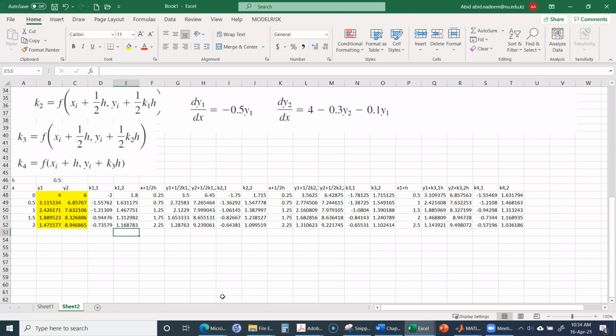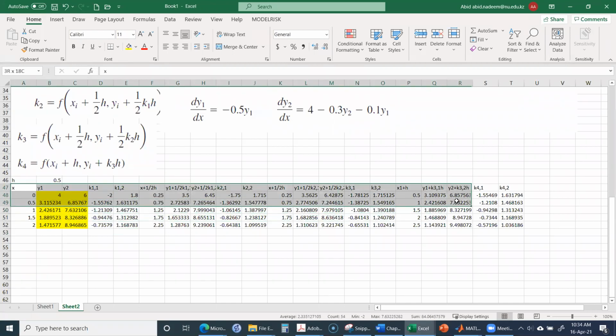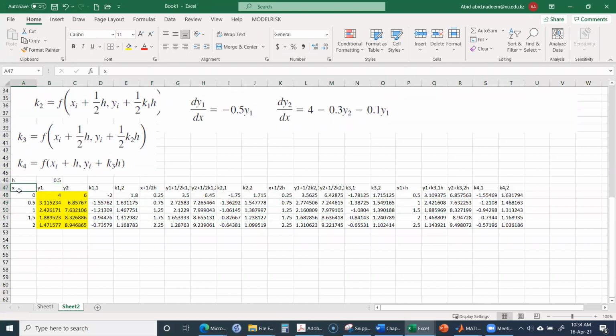Anyway, the solution by hand, of course, will be very time consuming. For example, in this case, if this type of question is given in the exam, maybe only the first step can be asked. So for example, up to here you calculate the values of K1, K2, K4, and then we can find up to this much.